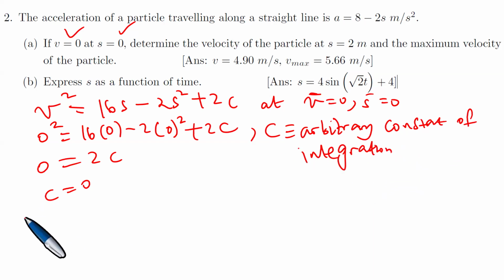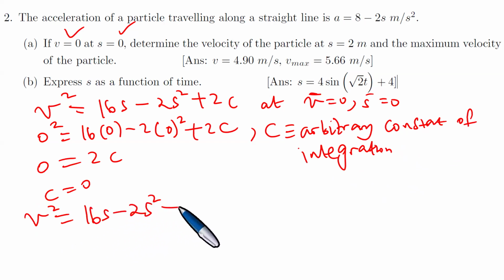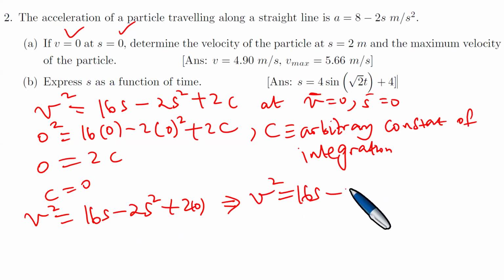Right, so in each case this is 0, which means v squared is 16s minus 2s squared plus 2 times 0, which is 16s minus 2s squared.